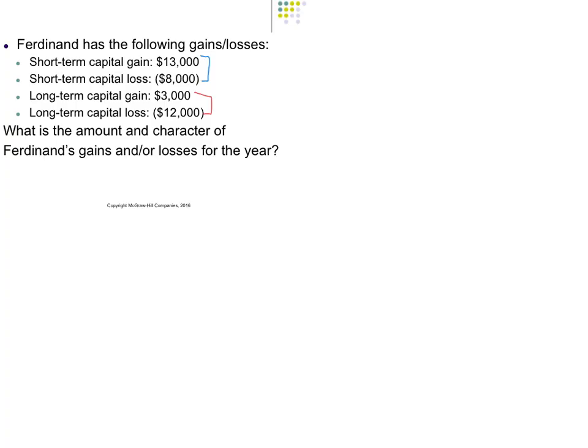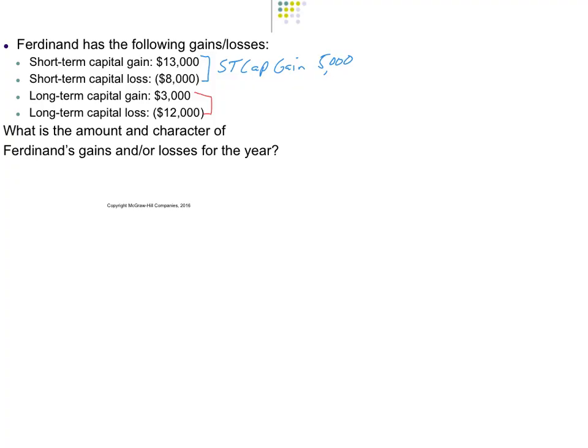So let's figure out what the result of our short-term items is. We had a short-term capital gain and a short-term capital loss. When we net those together, we have a short-term capital gain of $5,000.